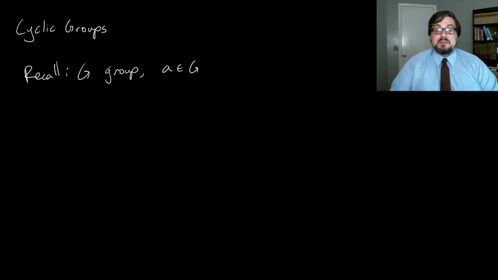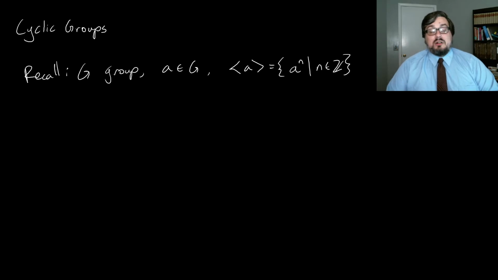In a previous lecture, we talked about cyclic subgroups of a group. So recall that if G is a group and a is an element of G, then the cyclic group generated by a is denoted this way with the angle brackets, and it's the set of all powers of a that we get when we take all integer powers.